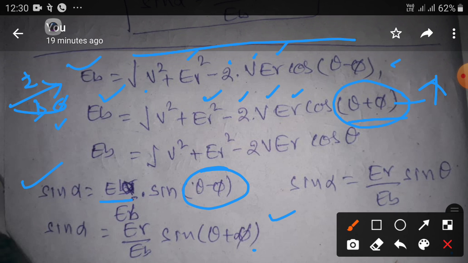Generally, synchronous motors are used in industries to nullify the lagging power factor. 70% of the motors used in any industry are induction motors, whether single-phase or three-phase induction motors.